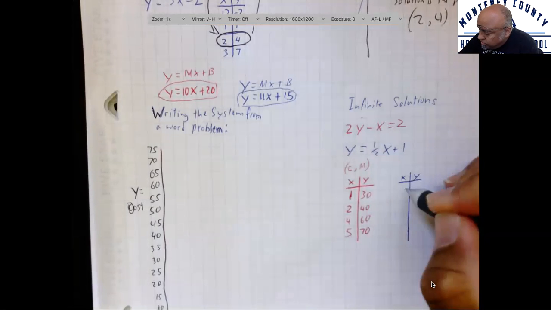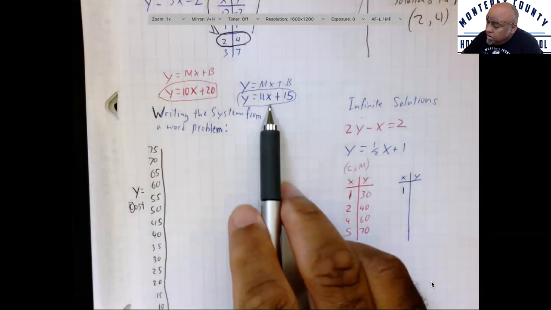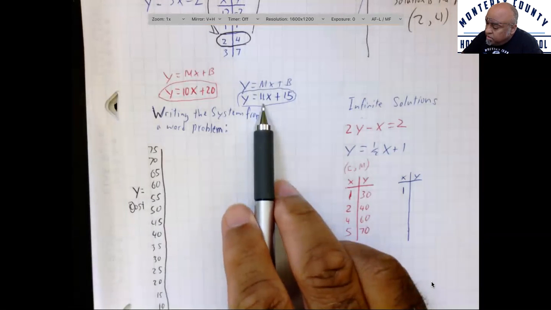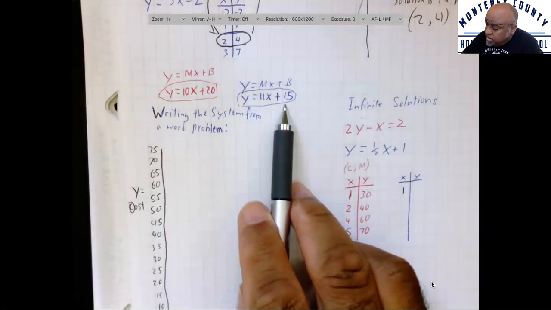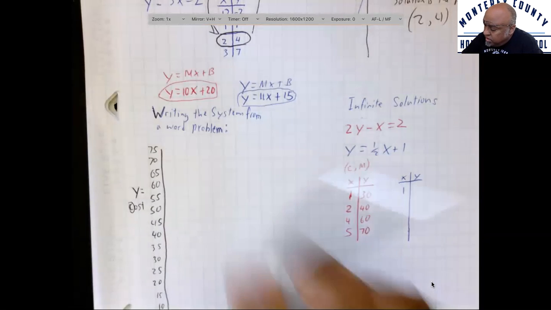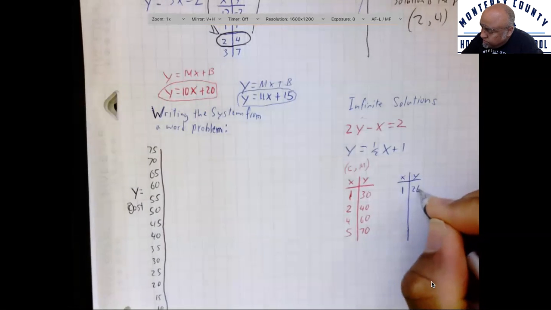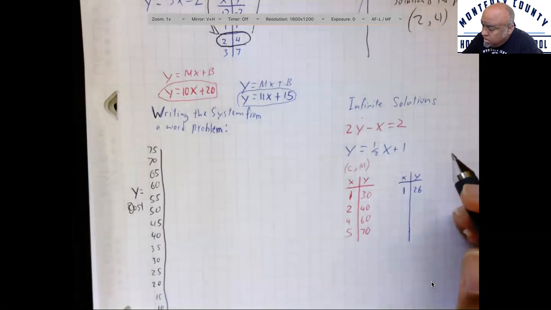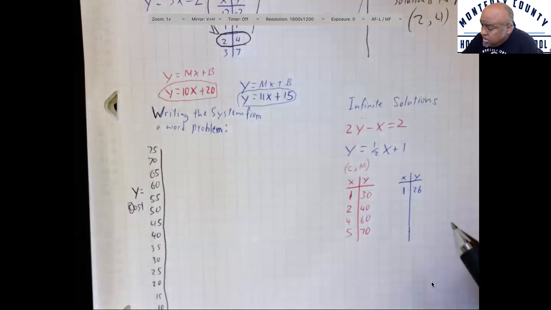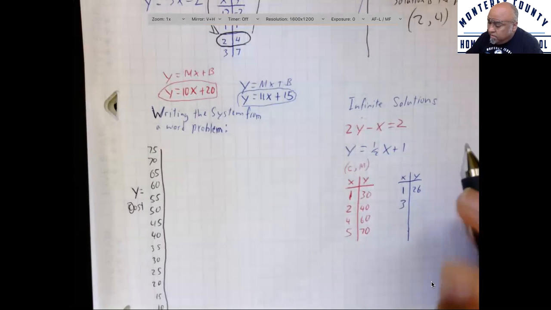Now, let's use our blue equation to fill this one out. Okay, so we'll start with the first month. 1 month times $11 fee plus $15 activation. So 15 plus 11 would be 26. Okay. Because 15 plus 10 would be 25. 25 plus 1 would be 26. All right. Now let's try, we'll just try 3.